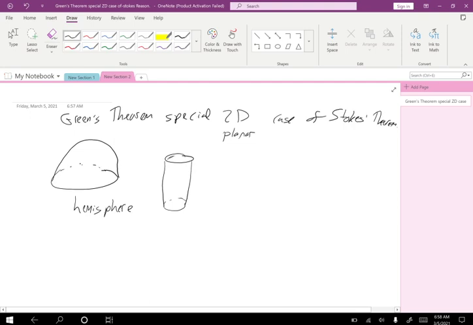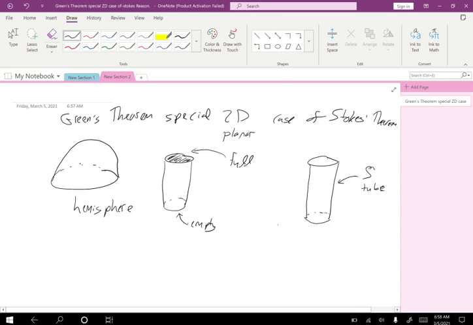For example, you could do one that's full, but on the other hand, you could do hollow cylinders as well. And so the S is just a tube.